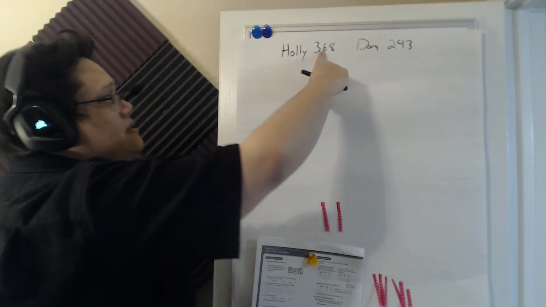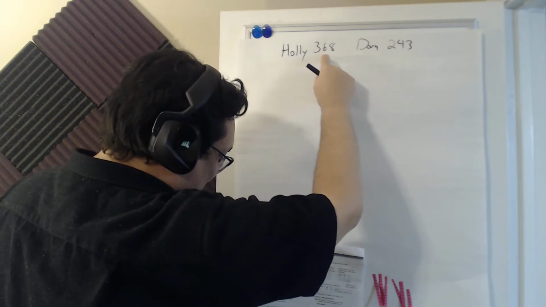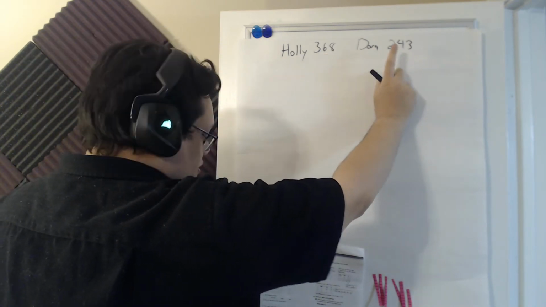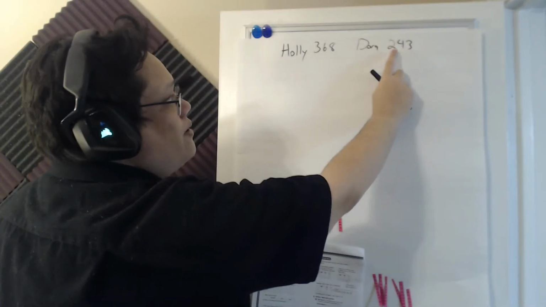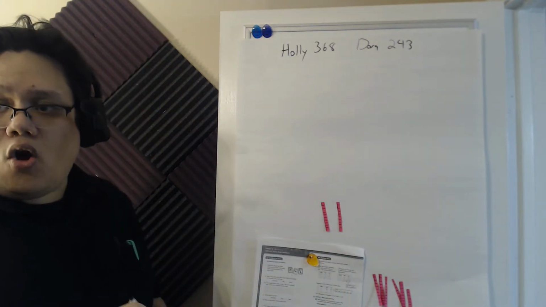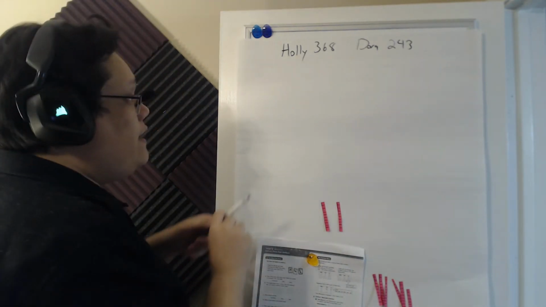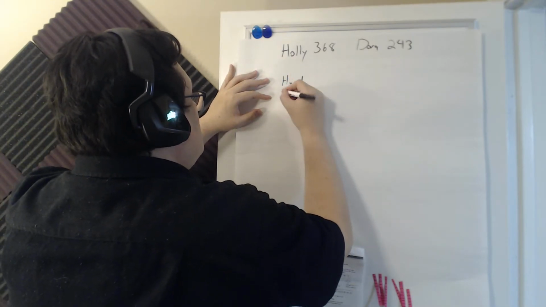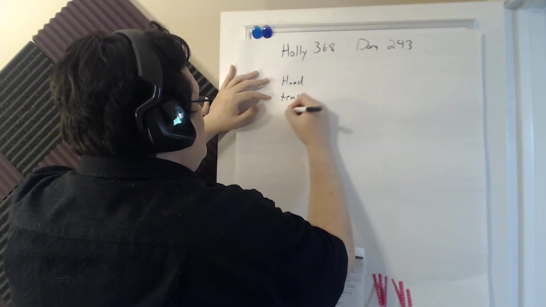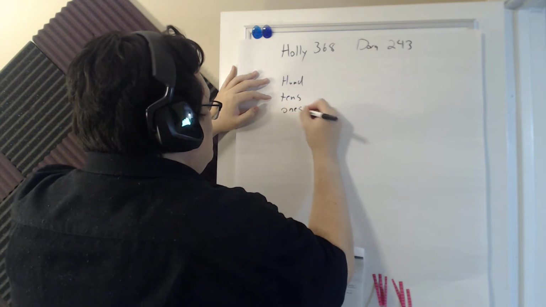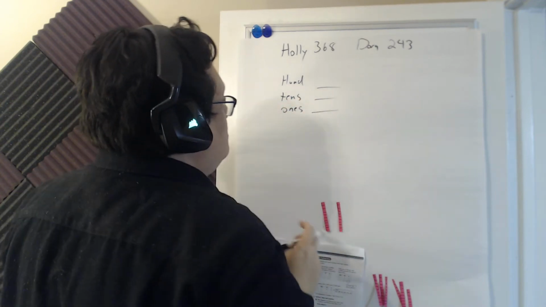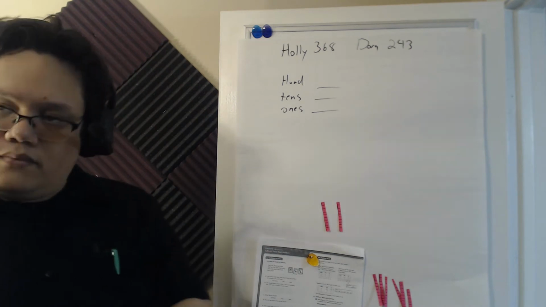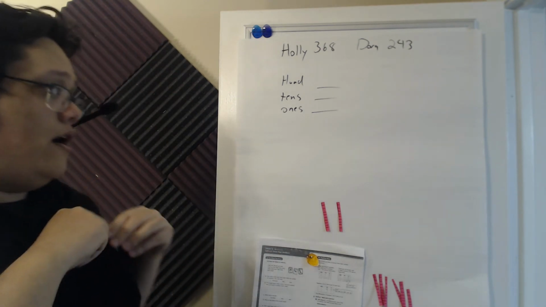They're asking us about Dora. We know she has 243 cards. What they want us to do is figure out how many hundreds, how many tens, and how many ones that is. So, we can start.